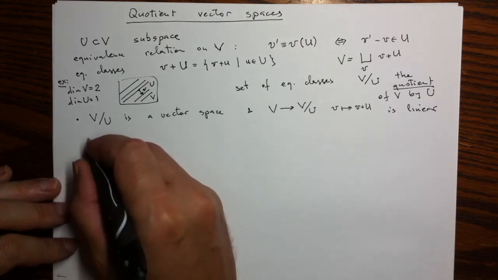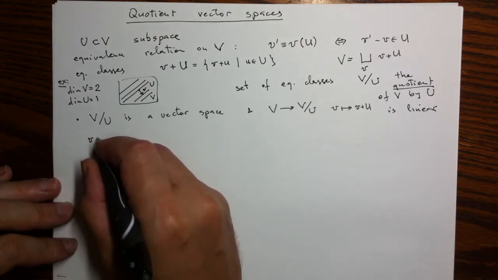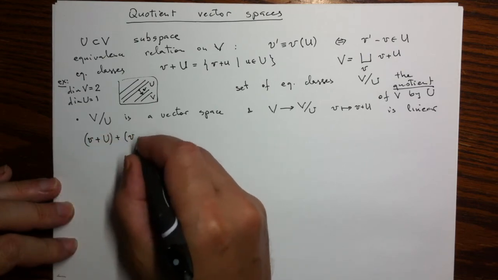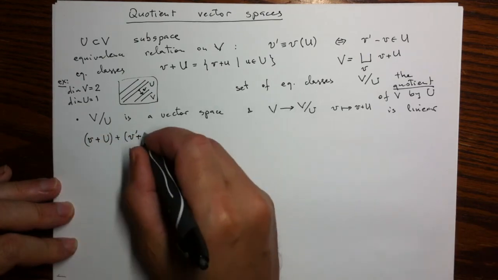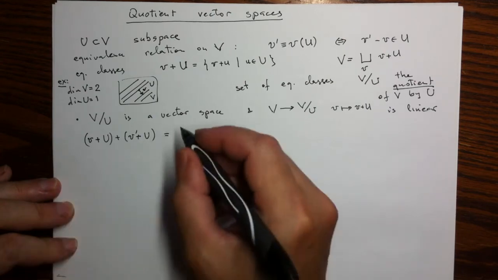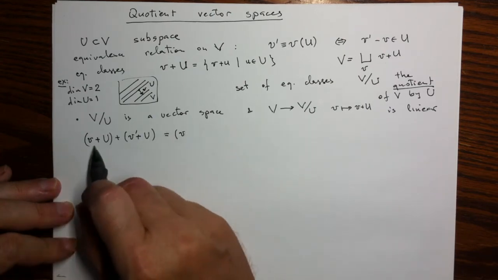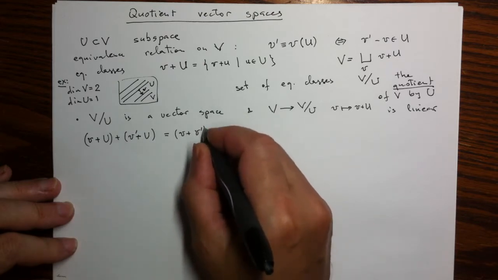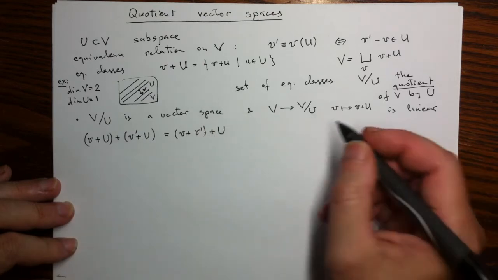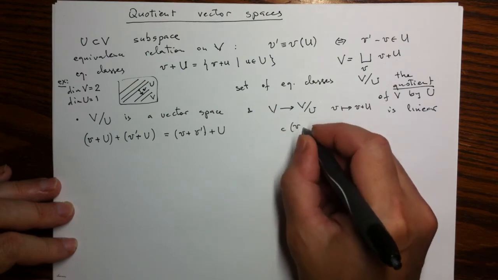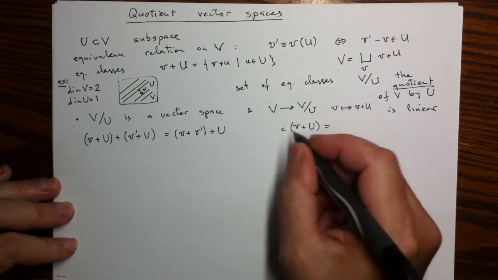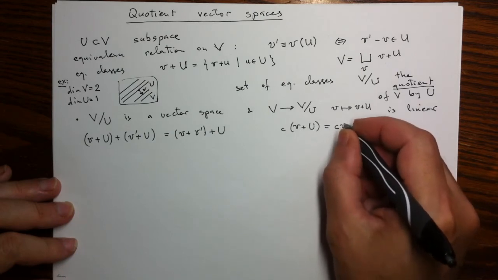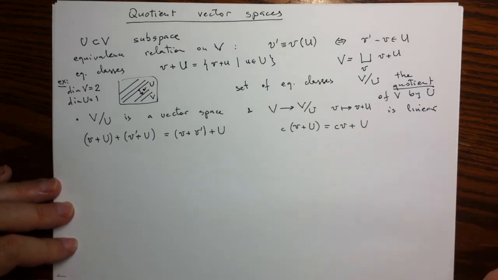So if we want to add two cosets, we have to be consistent with addition in V before taking the coset, so that's supposed to match with this sum. And scalar multiplication, again, is supposed to be aligned with scalar multiplication before computing cosets, and it should have this property.